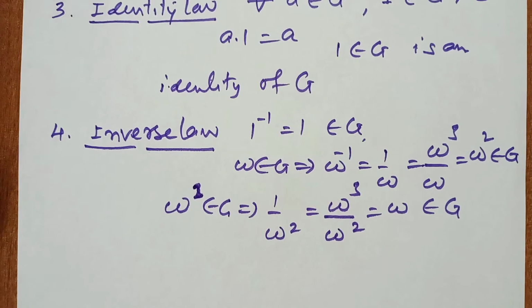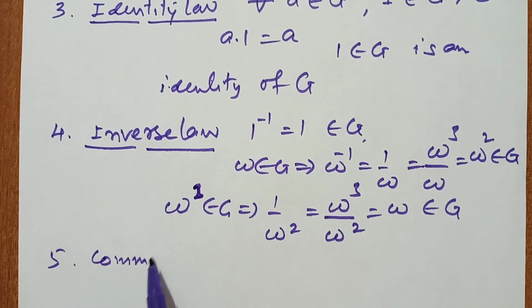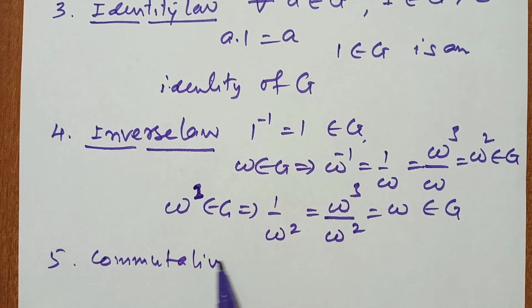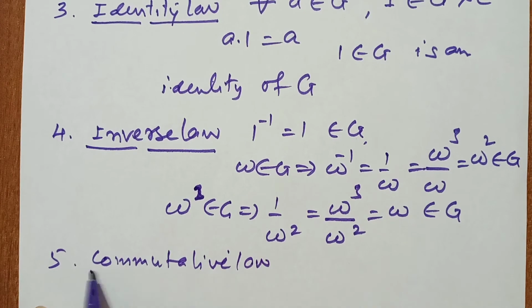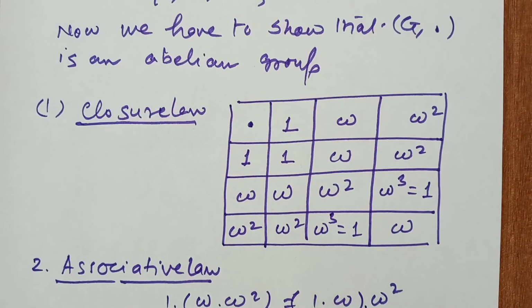And now next is the fifth, commutative law. Commutative law means for any two elements of G, A dot B equal to B dot A. So also in the case of multiplication, commutative law is satisfied. Here I want to explain by the table.